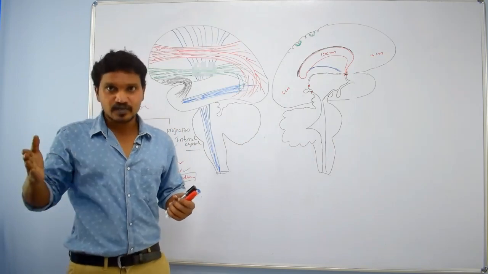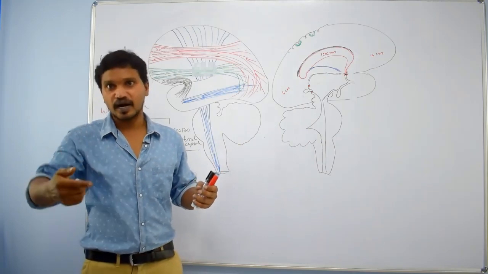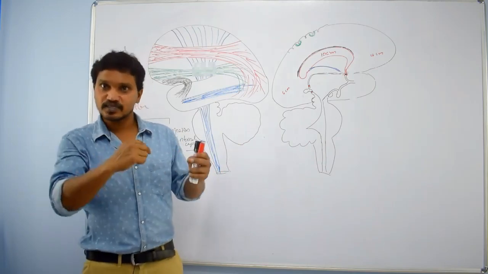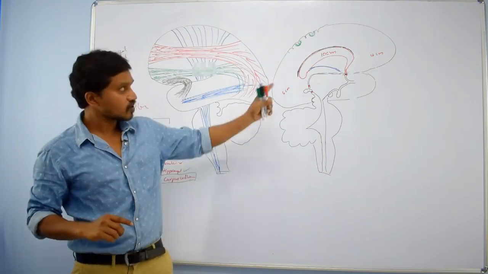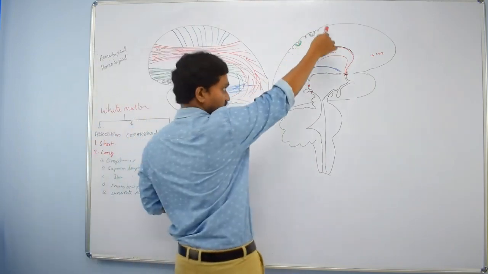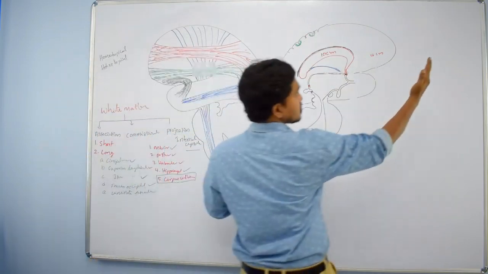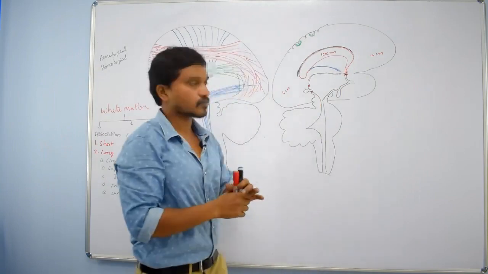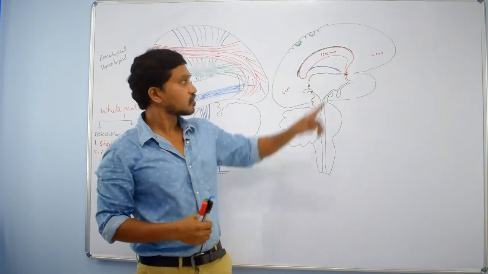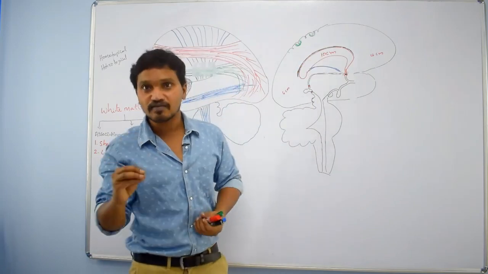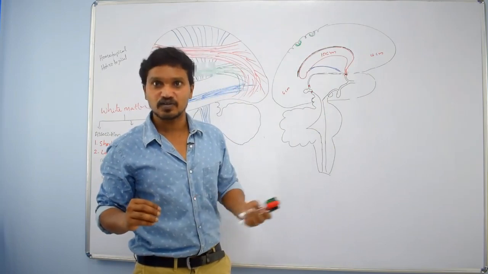One side two and another side two. One side medial and lateral longitudinal stria, and this side also medial and lateral longitudinal stria. If you want to see that, I have to make a coronal section, and you have to see from the front. If you see from the front, you can observe the indusium griseum along with the medial and lateral longitudinal stria.